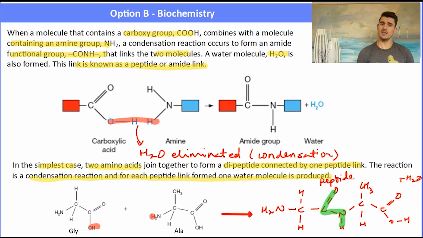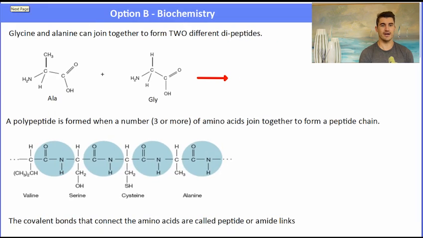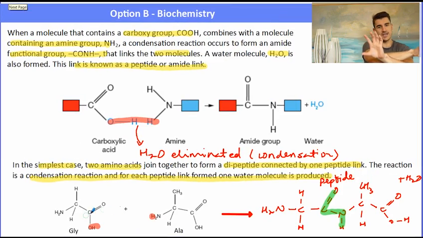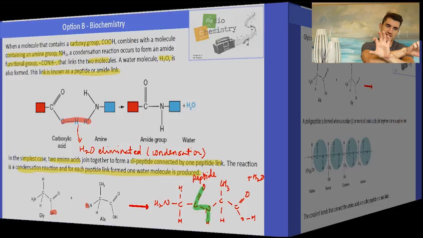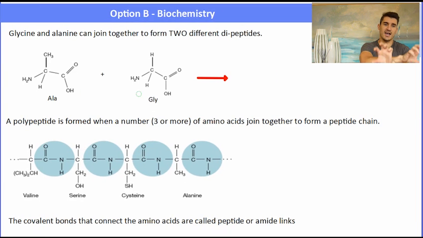So glycine and alanine, well, they could combine in a different arrangement, giving us two different dipeptides. The first one we looked at over here, which is where glycine reacted with alanine. What about if we flip them over? Alanine reacting with glycine. Are those two things different? Well, yes, in fact they are, and they will function in very different ways.